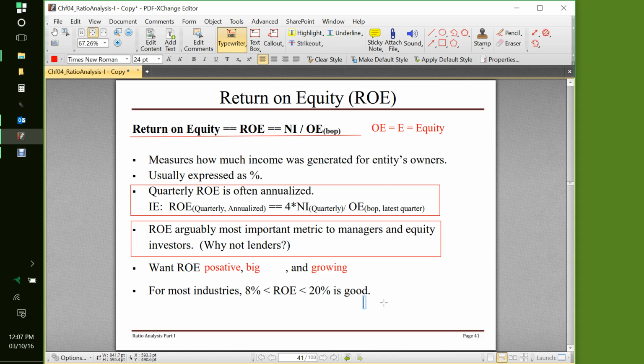It's going to draw in competitors. People are going to say, hey, if I get into that business, I can have an ROE of 80% instead of 20%, so let's do it. So it brings in competitors, and that drags everybody's ROE down. Unless you're a monopolist, and then the competitors can't come in. And that's a different situation that we'll talk about a little later.